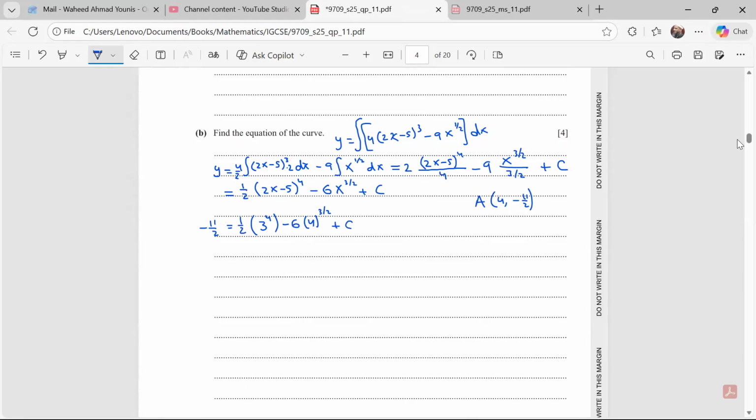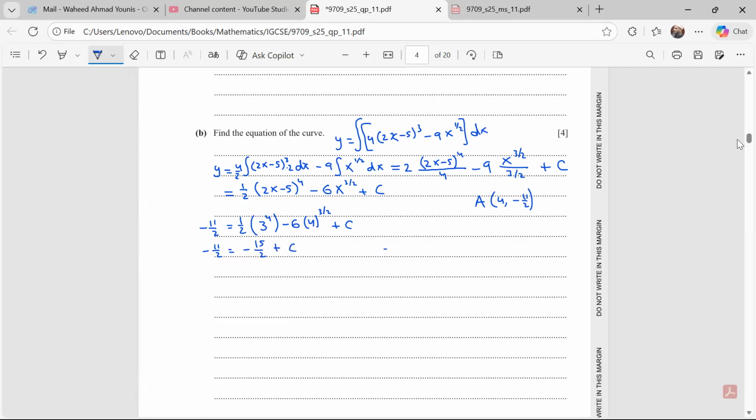So it is minus 11 by 2 equals 3 power 4 is 81 by 2, right? So this all is simplified as minus 15 by 2 plus c.